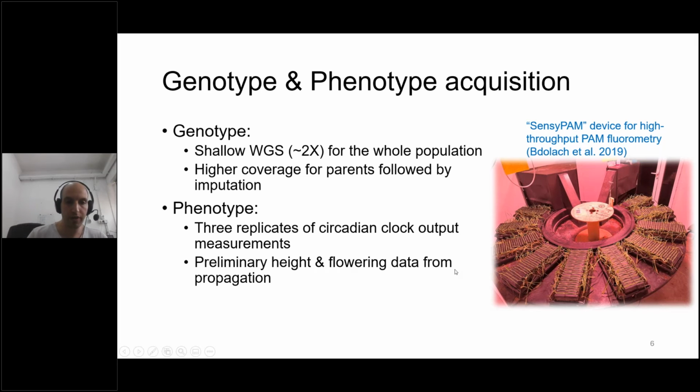Regarding the phenotype, this population is only propagated for the first time this year, so we're just at the start of it, but we are already nearing 3 replicates of measurements with our circadian clock output measurement machine, the Sensipan, which Manas also introduced before.